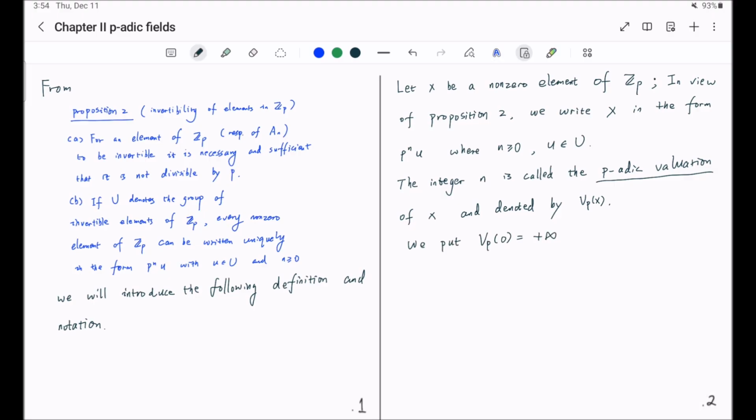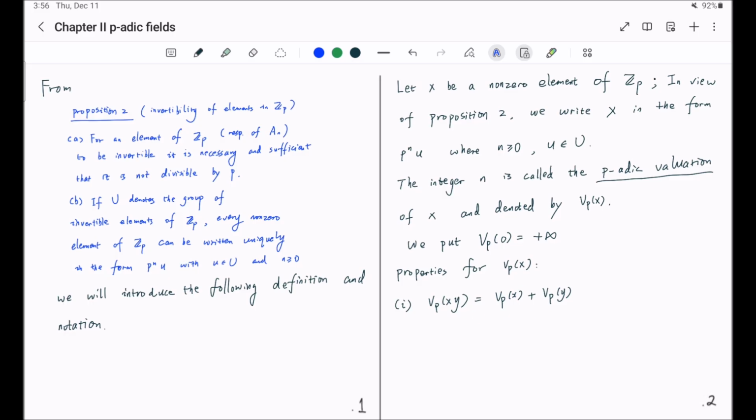And now let us check the following simple properties for Vp(x). First, if you take the product of two elements in Zp, what is the p-adic valuation for that product? It turns out that this is equal to the p-adic valuation of x plus the p-adic valuation for y.